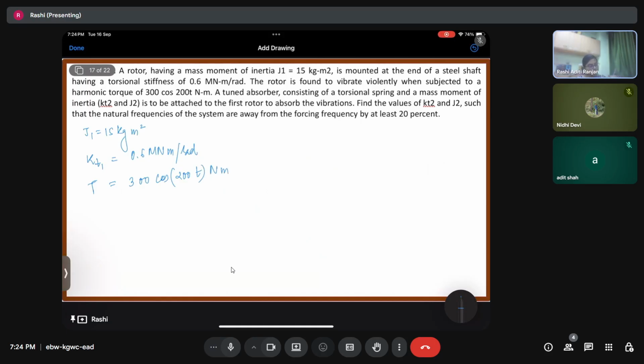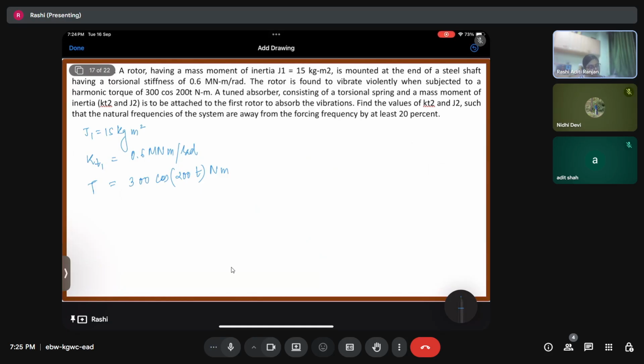A tuned absorber consisting of a torsional spring and a mass moment of inertia kT2 and J2 is to be attached to the first rotor to absorb the vibrations. Find the values of kT2 and J2 such that the natural frequencies of the system are away from the forcing frequency by at least 20%.